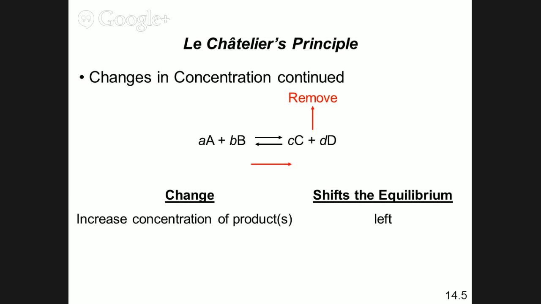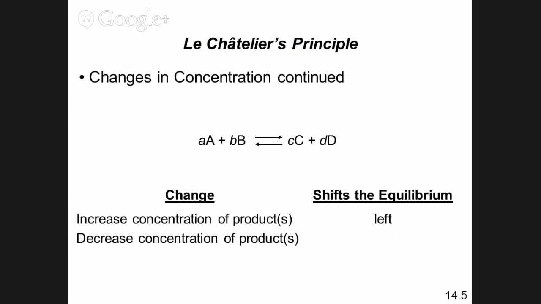If we remove product, that's a different change. We take some of the product out of there. Well, then it's going to go in the opposite direction. It's going to try to make more product. That's the shift. And so we'll say that will decrease. We decrease the concentration of products, and we'll have a shift right.